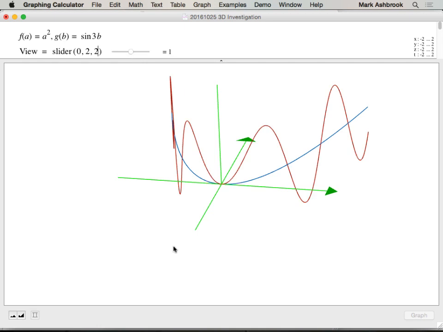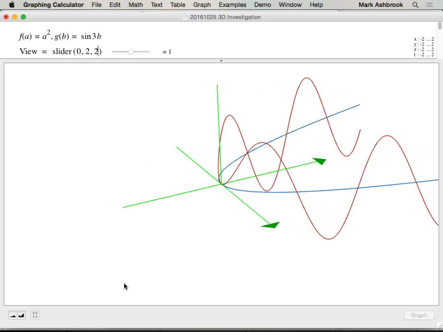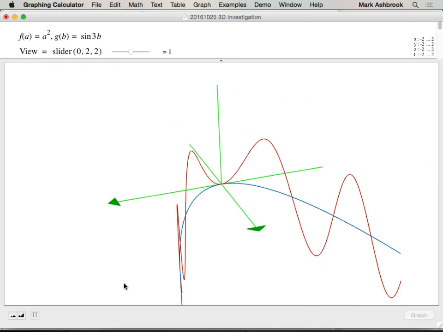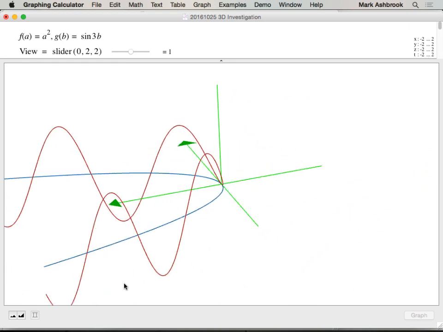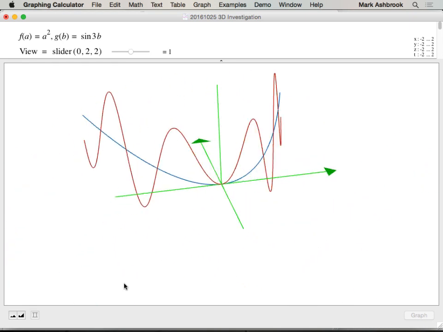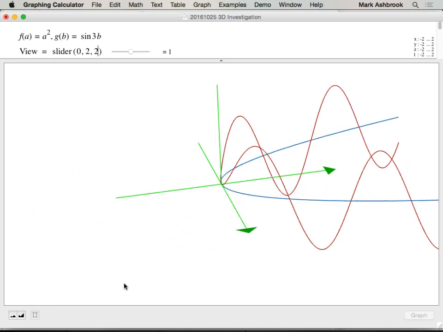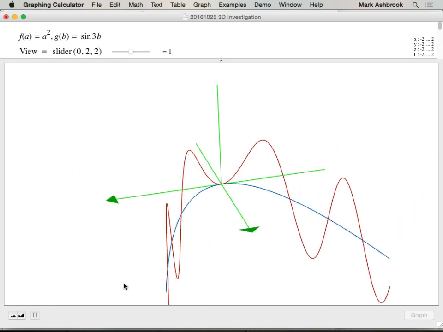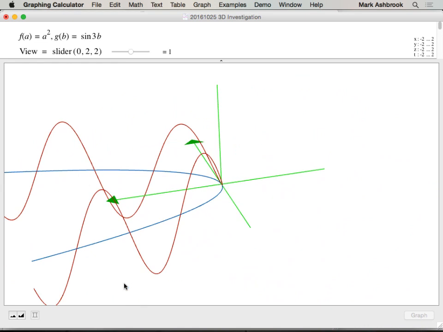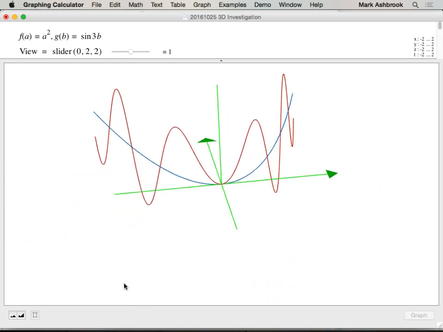Okay, let me show you this. Okay, so now I want you to discuss what does this graph represent? What does the curve have to do with f, g, x, y, and z?